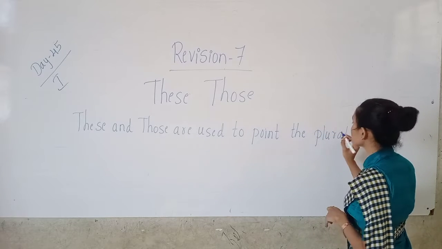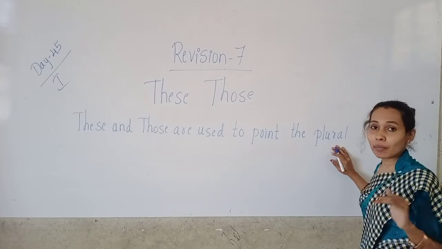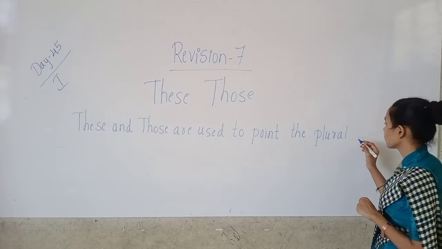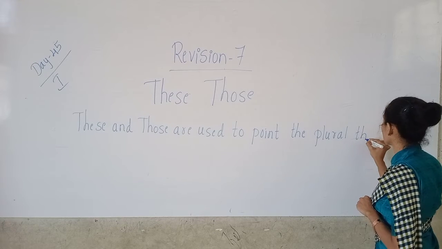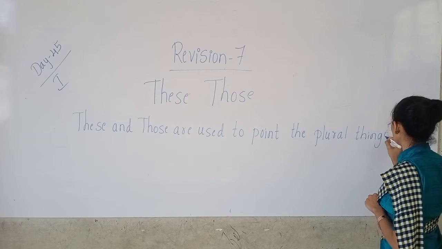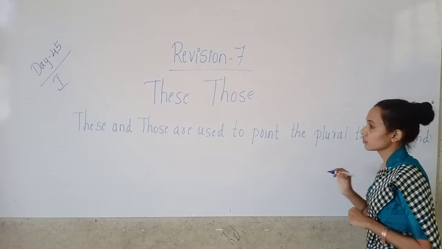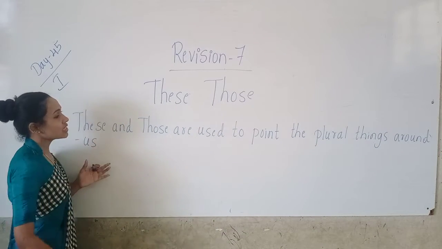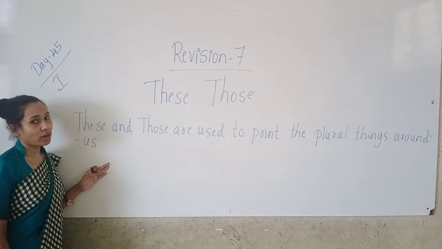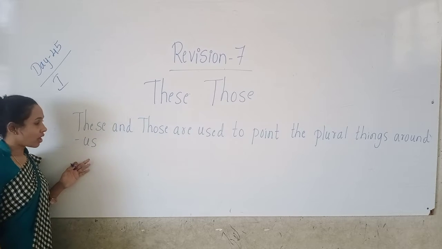Plural means the things more than one, means many things, around us. These and those are used to point out the things which are in plural and around us.